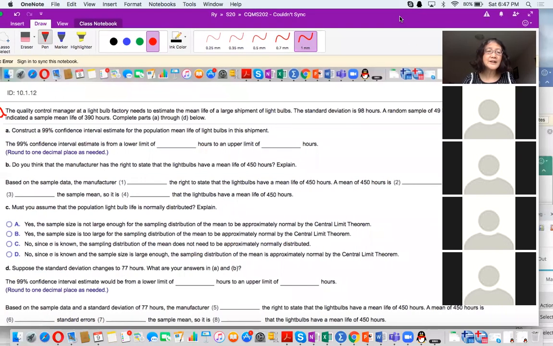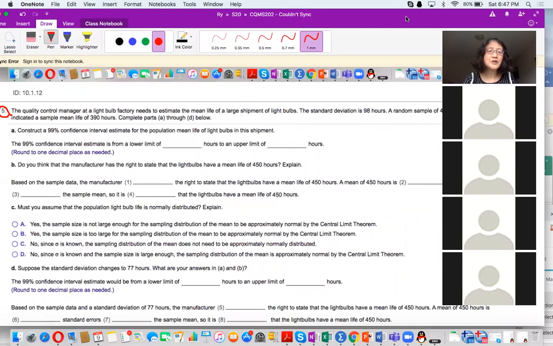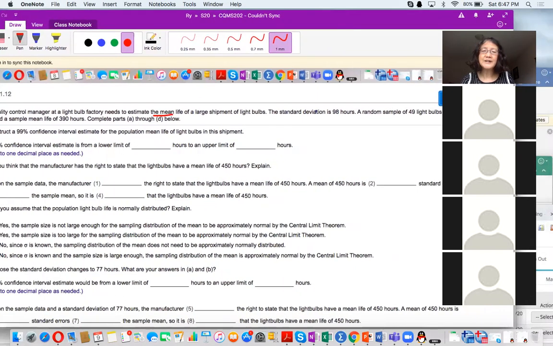So the question is, the quality control manager of a light bulb factory needs to estimate the mean life of a large shipment of light bulbs. The standard deviation is 98 hours. Now, students have a question.